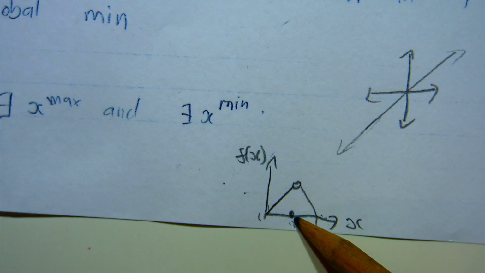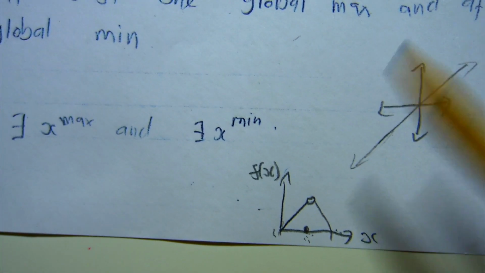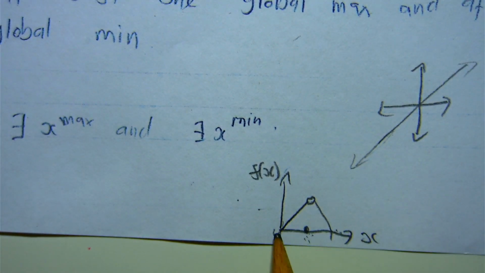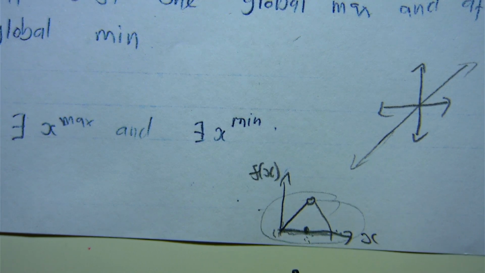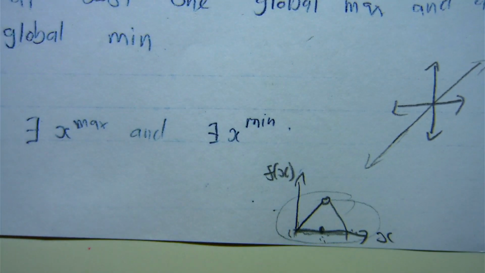So this would have no global max, but it is closed and bounded because the function is bounded, it fits within the circle, and it's closed because it contains all of the boundary points in this domain here, but it's not continuous and it has no global max.